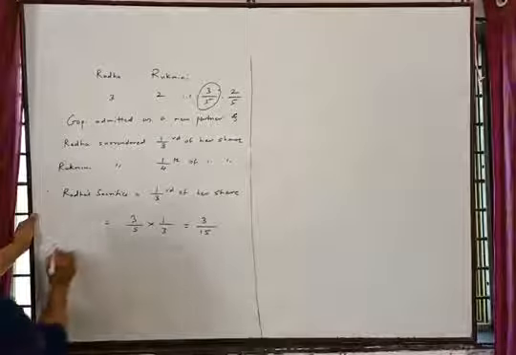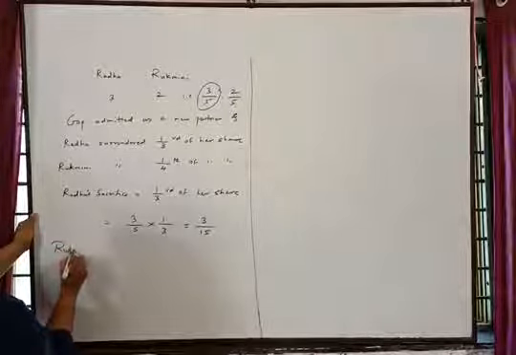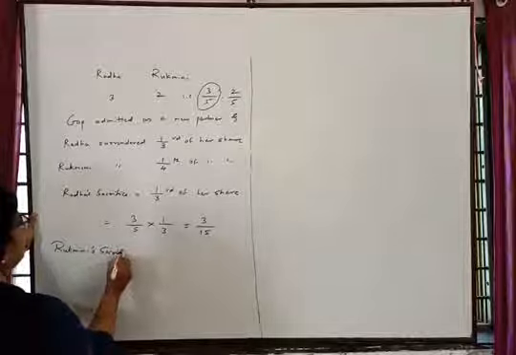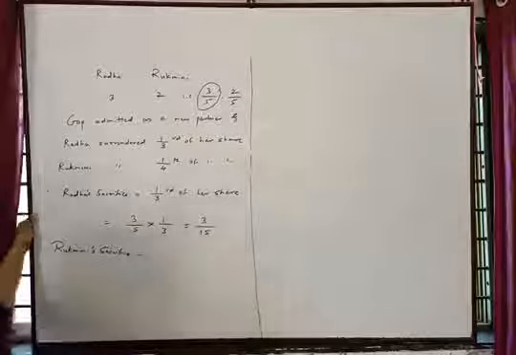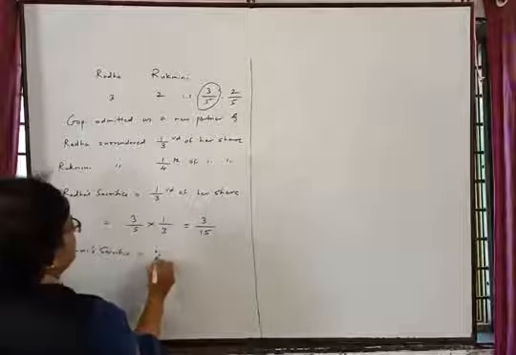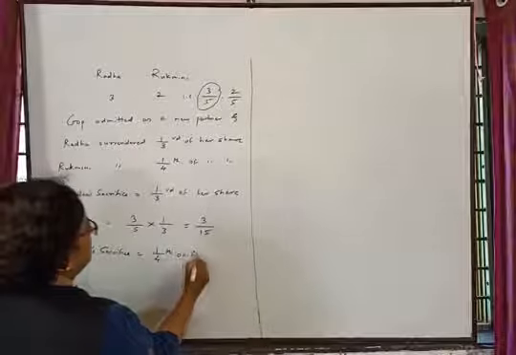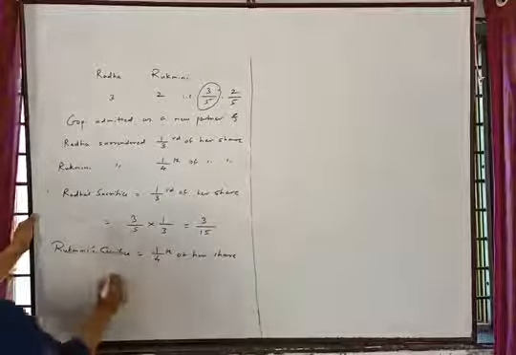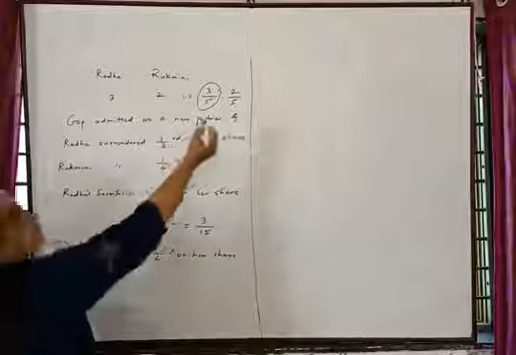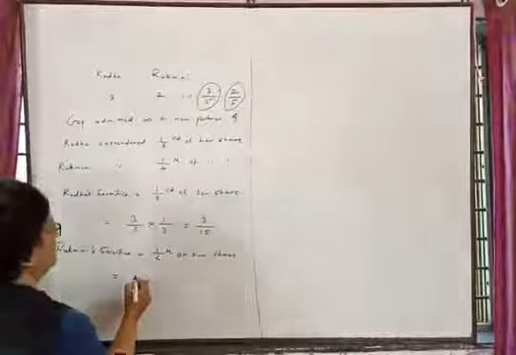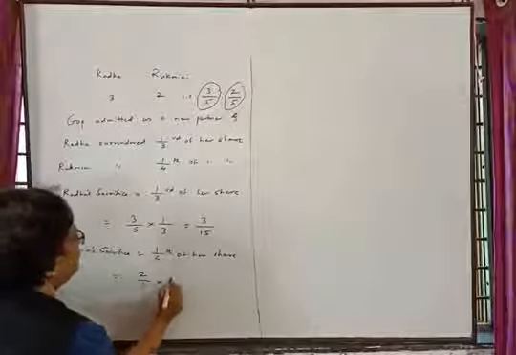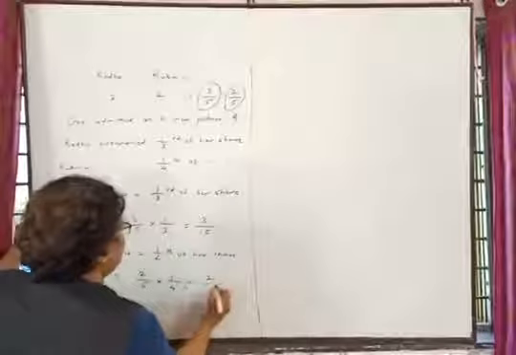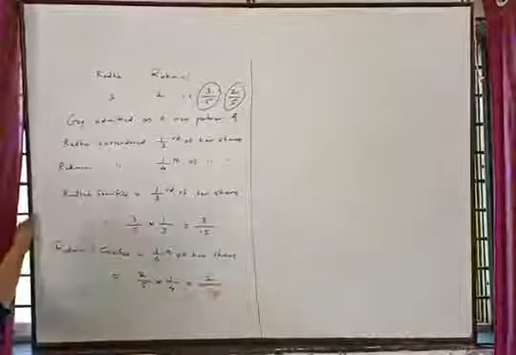Now Rukmini's sacrifice will be 1/4 of her share, therefore her share is 2 upon 5, 2 upon 5 into 1/4, which will be 2 1s are 2, 5 4s are 20, 2 upon 20.